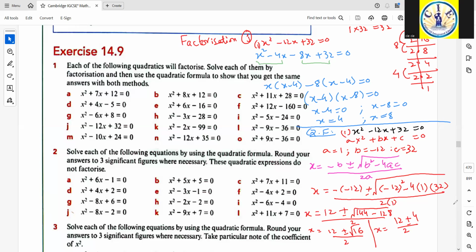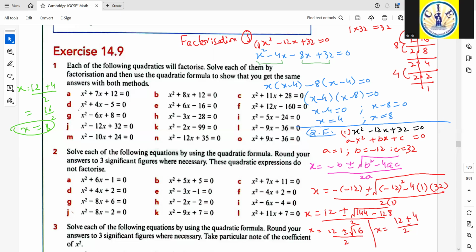Now, one value of x would be x equals 12 plus 4 divided by 2, which is 16 by 2, 8.